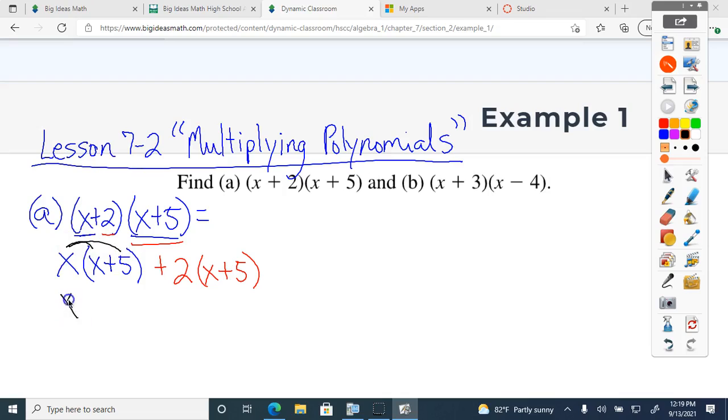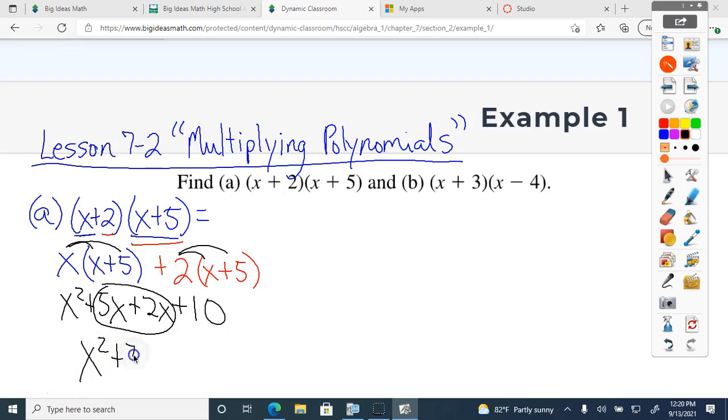So that's x squared plus 5x plus 2x plus 10. And you add any like terms that you may have. In this case, 2x and 5x are alike, so they make 7x. So my final answer is x squared plus 7x plus 10.